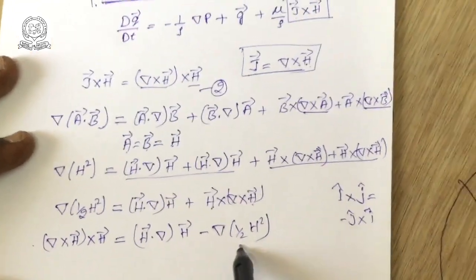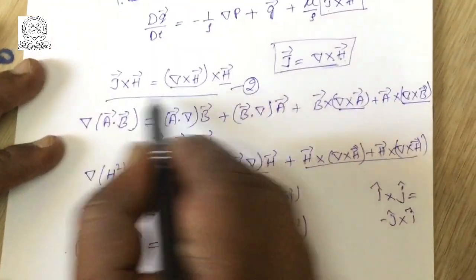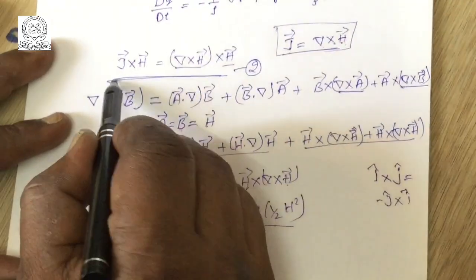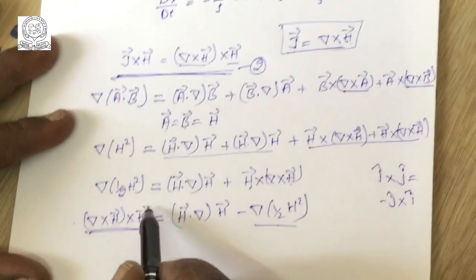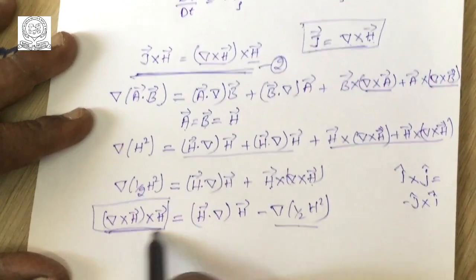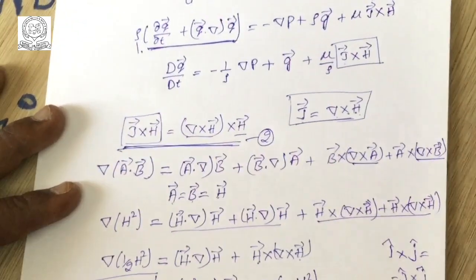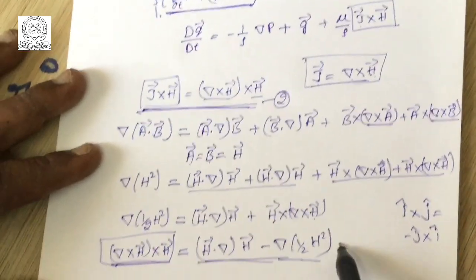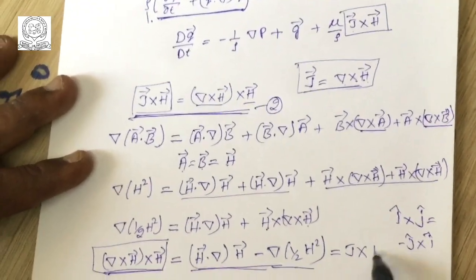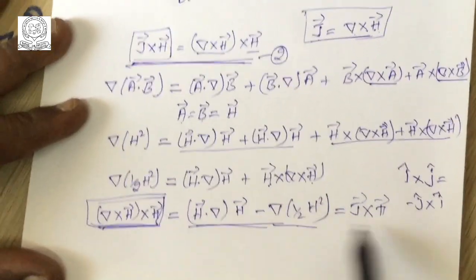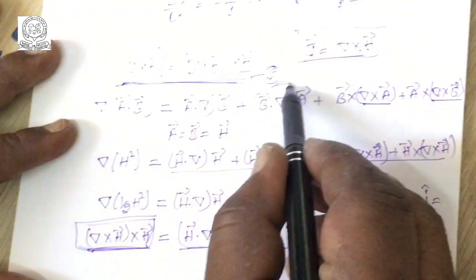So therefore your equation 2 will become, using this, instead of del cross H, you can write J cross H, because you know del cross H is nothing but your J cross H from equation 2.